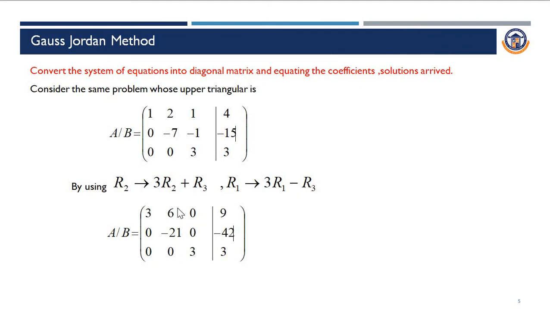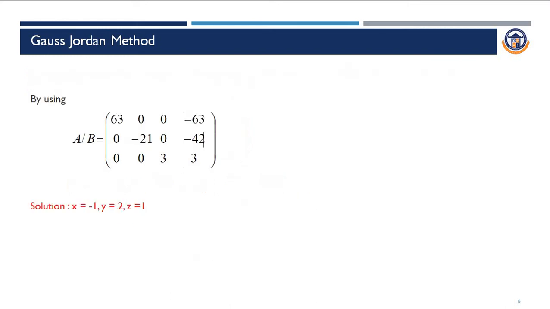Now our aim is to make this element 0 by keeping this as a pivot. Now here it is minus 21 and here it is 6. Now I am going to use that operation.